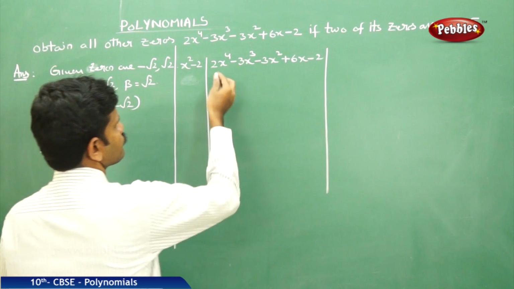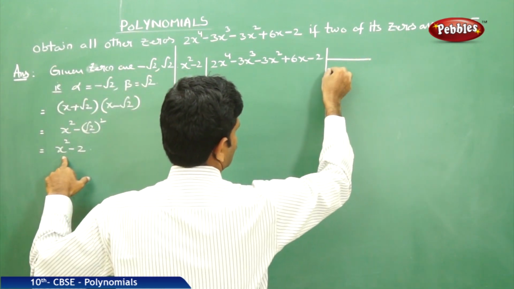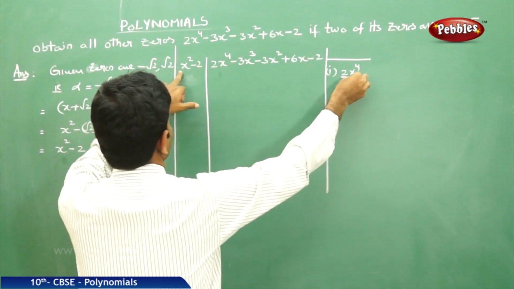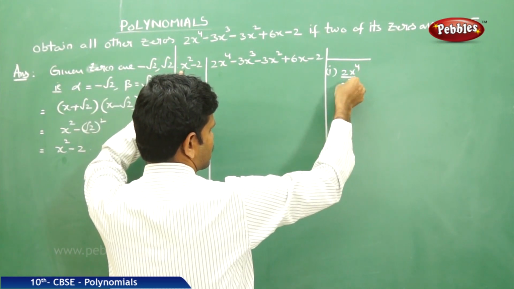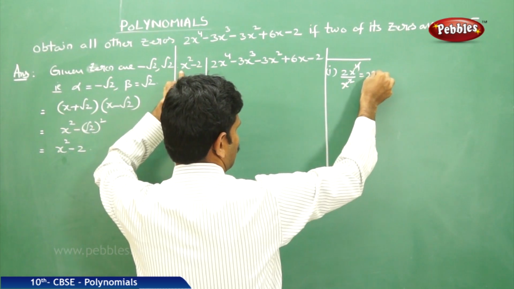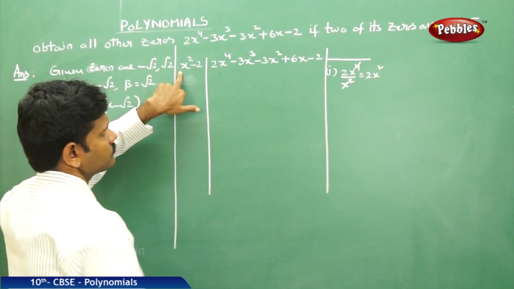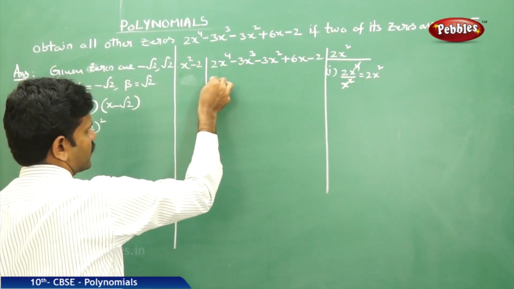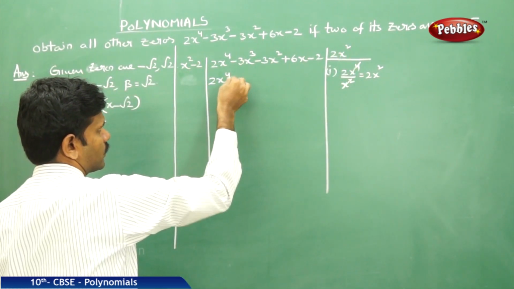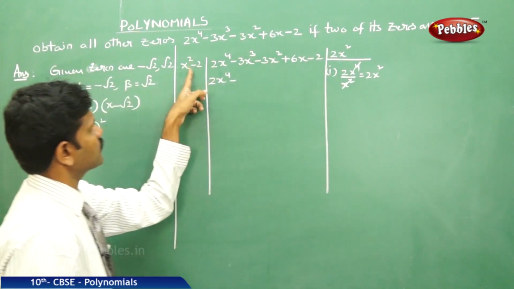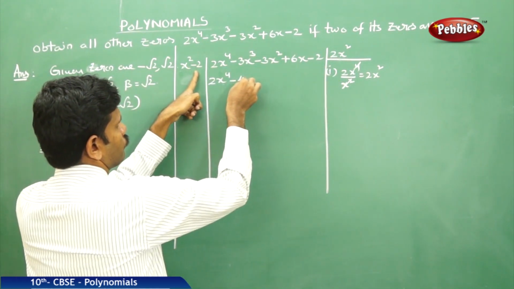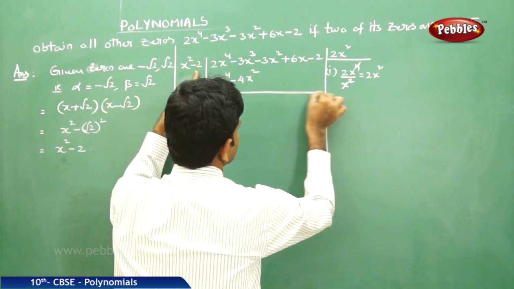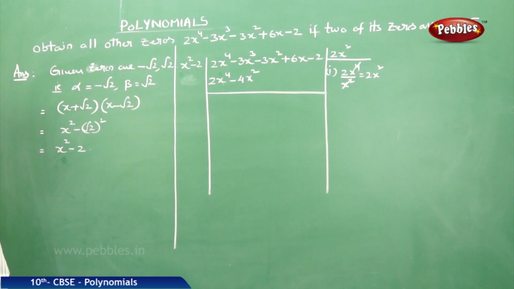That is first cancellation, 2x to the power 4 by x square gets cancelled, 2x square left. 2x square into x square, 2x to the power 4, minus 2x square into 2, 4x square.